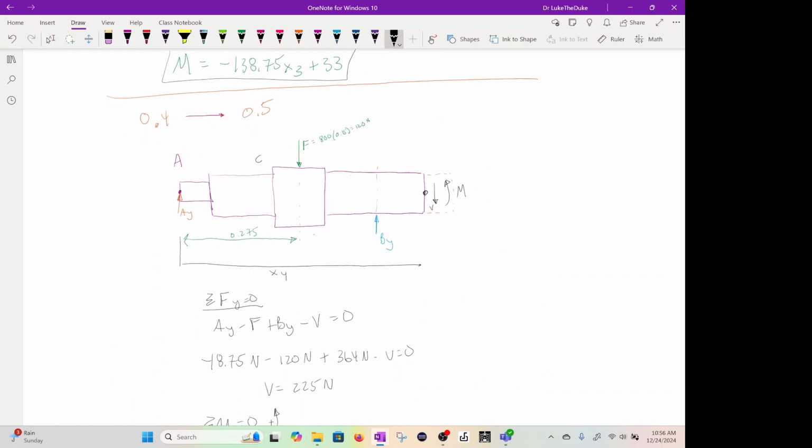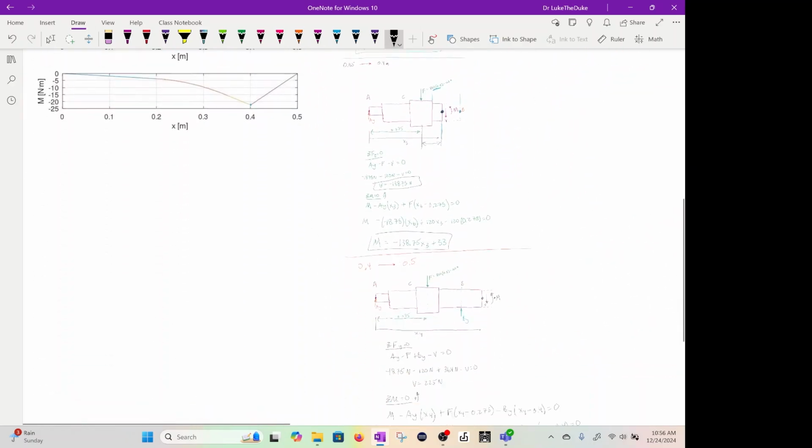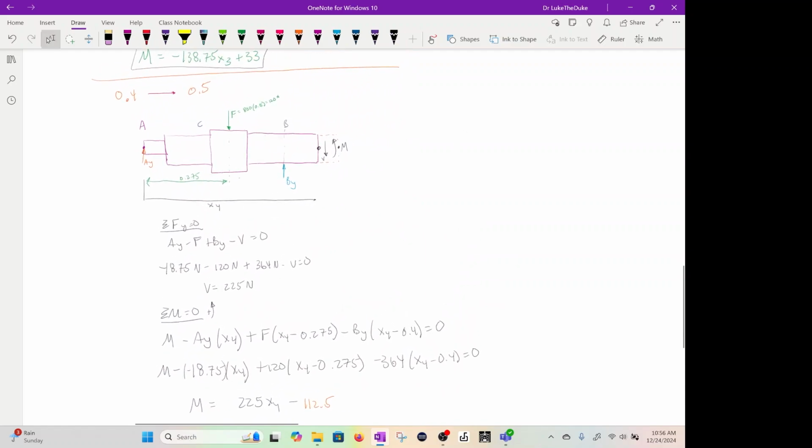Okay, and then the last one is 0.4 to 0.5 because you have that other force here. So this is at B, and then this last dotted line is where that last 225, yep, X. So we have to do that section. So 0.4 to 0.5, we defined X4. We have AY, F, and we also have BY now.